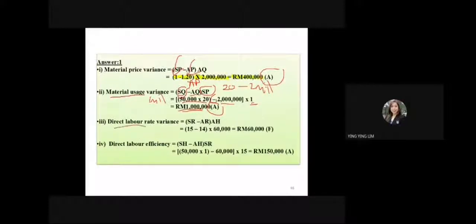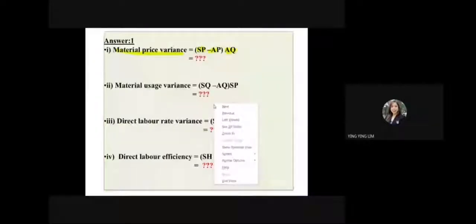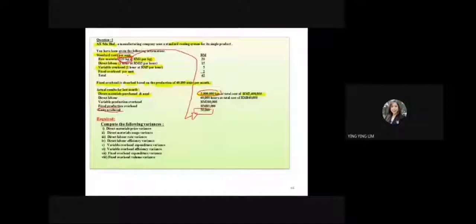Then you look at labor rate. Direct labor rate, you are comparing the rate. So you are comparing standard rate with your actual rate. Then the whole thing, you multiply with your actual hours. So you have to go back to the question. Okay, so your direct labor, how much is the standard rate per hour? It is 15 ringgit per hour. So how much is the actual rate per hour?